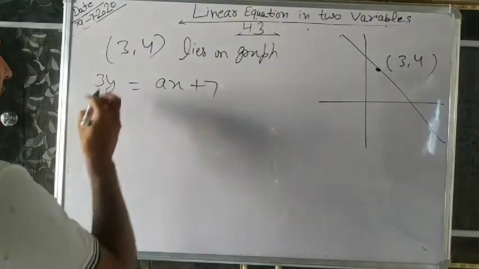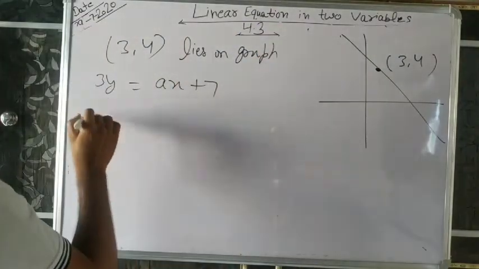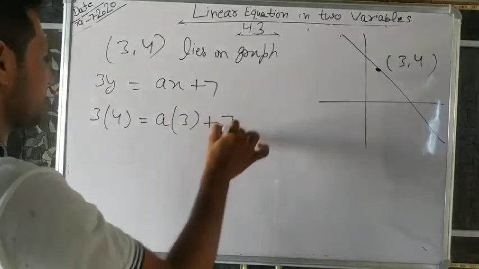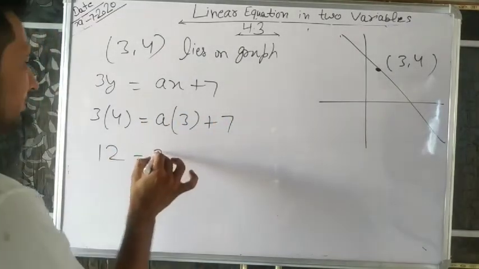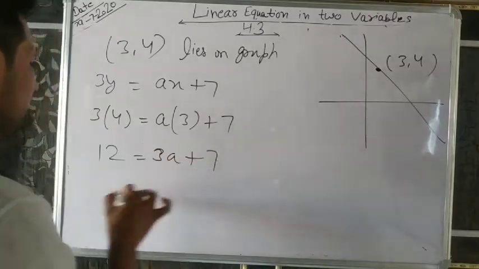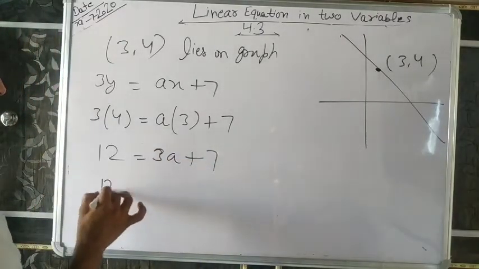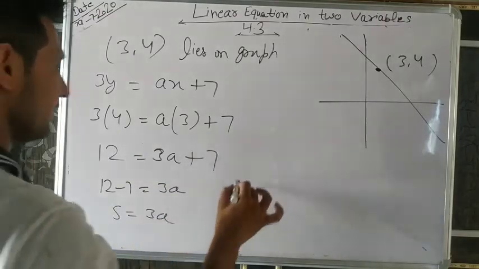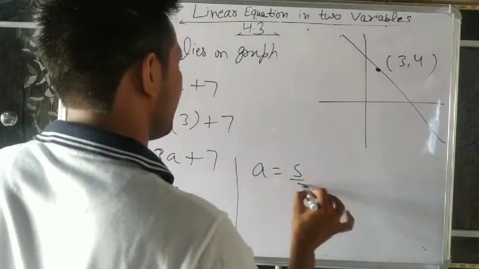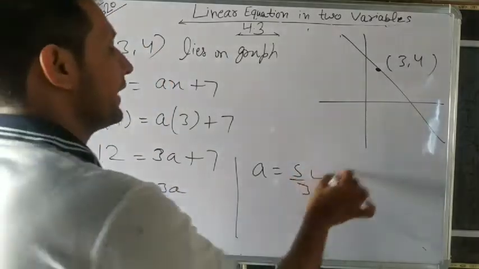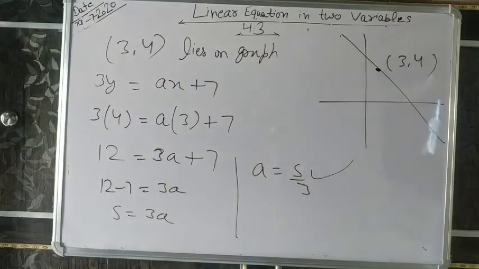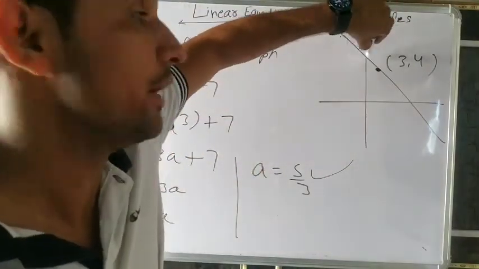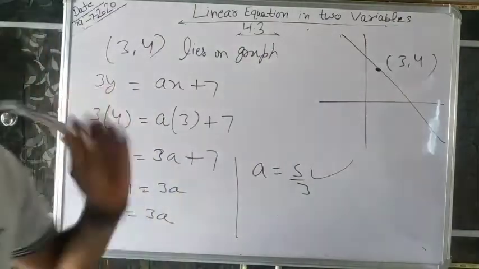So put in place of y is 4 equal to a into 3 plus 7. 12 into 3a plus 7. 7 on the other side with minus, equal to 3a. So 5 equal to 3a. So a equal to 5 divided by 3. So what is the value of a? a is 5 divided by 3. Because if any point is on the line on the graph, that means it is a solution of this equation.